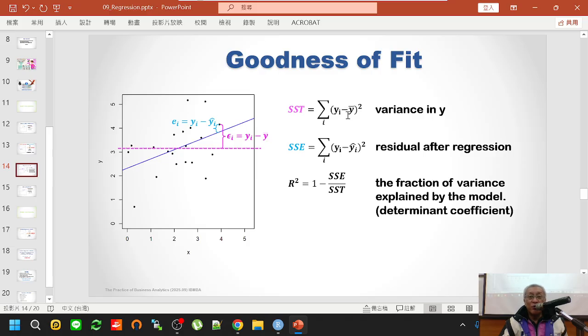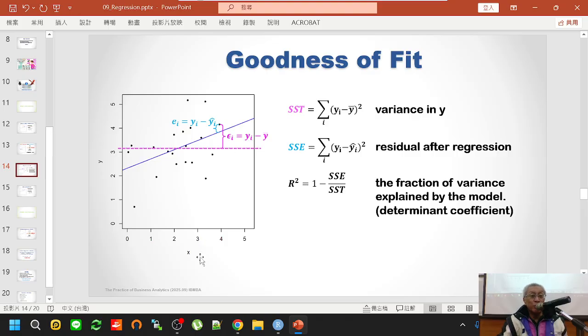Why do we want to estimate the variance in Y? Because the reason we want to use a model to estimate Y is that Y is jumping up and down along its average. This pink bar is the average of Y.